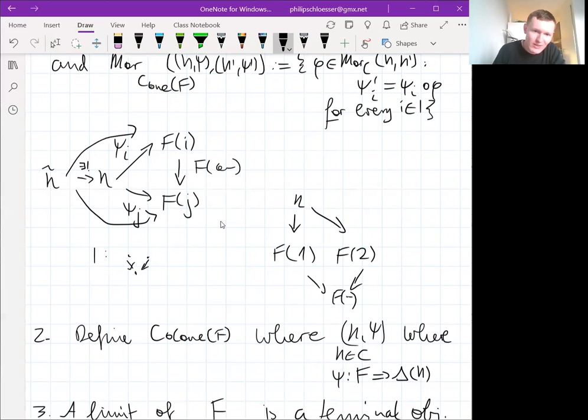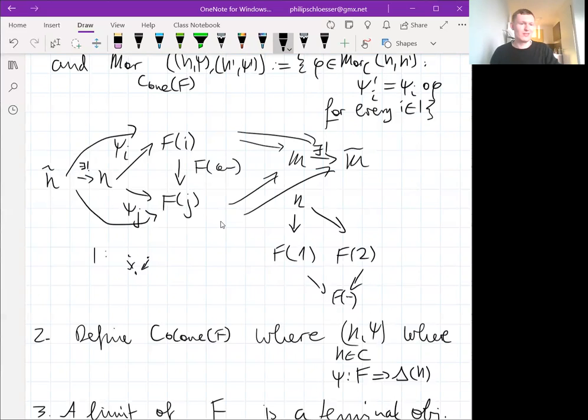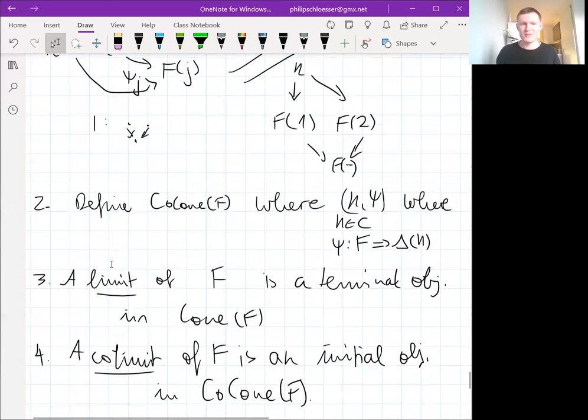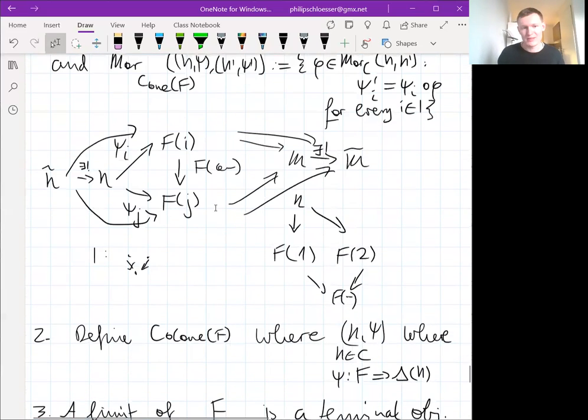The dual notion would be mapping from that diagram into whatever m, and if I have another m tilde that also maps in the same way, there is a unique morphism in that direction. So it is sort of the template for our universal constructions, but really abstractly.